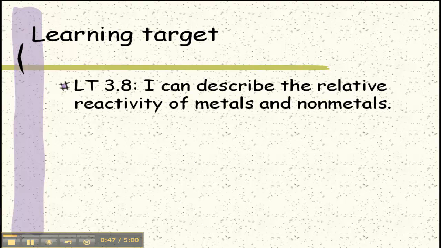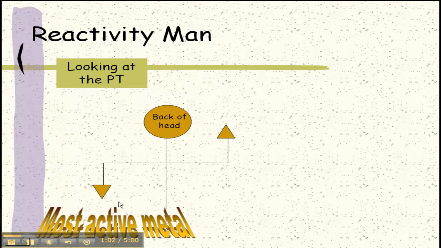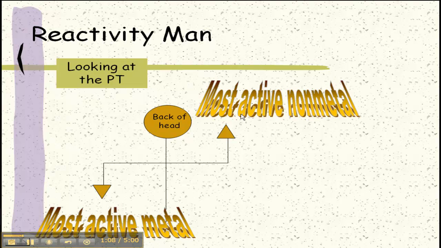Let's describe the relative reactivity of metals and nonmetals. Here is Reactivity Man. Now, this is the back of his head. He's looking at the periodic table. His left hand is pointed down. His right hand is pointed up. At the bottom of his left hand is going to be the most active metal. And his fingers over here are pointing to the most active nonmetal.